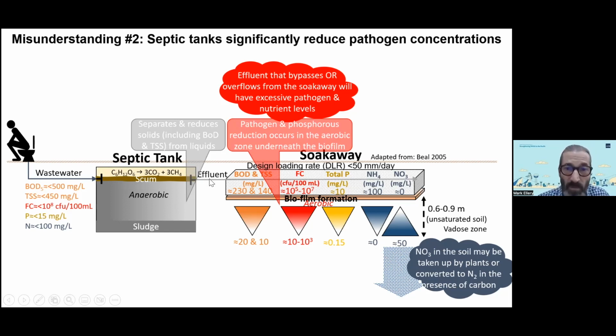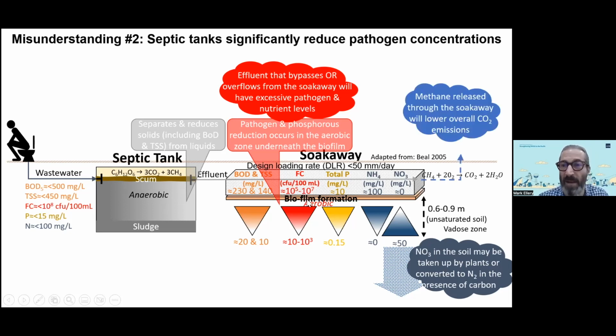It will still have excessive pathogens and nutrient levels. It really needs the soakaway, and passing through the biofilm is the key to the reduction of pathogens in effluent leaving a septic tank.